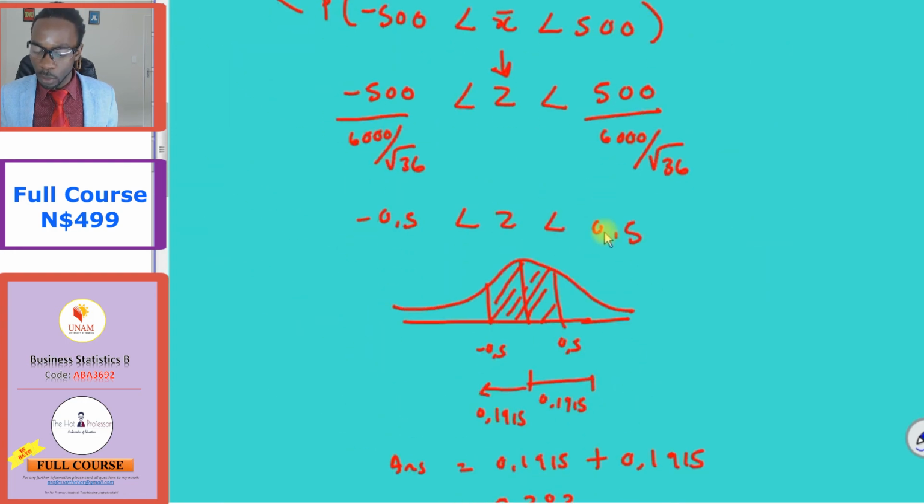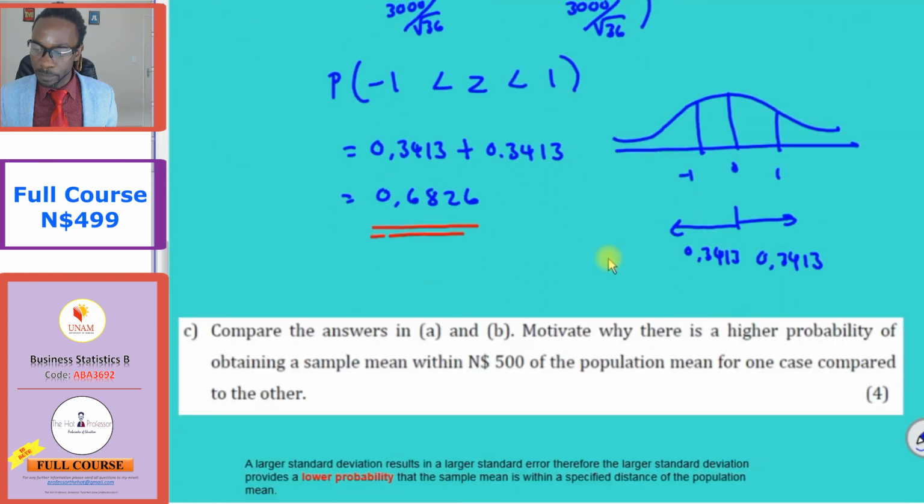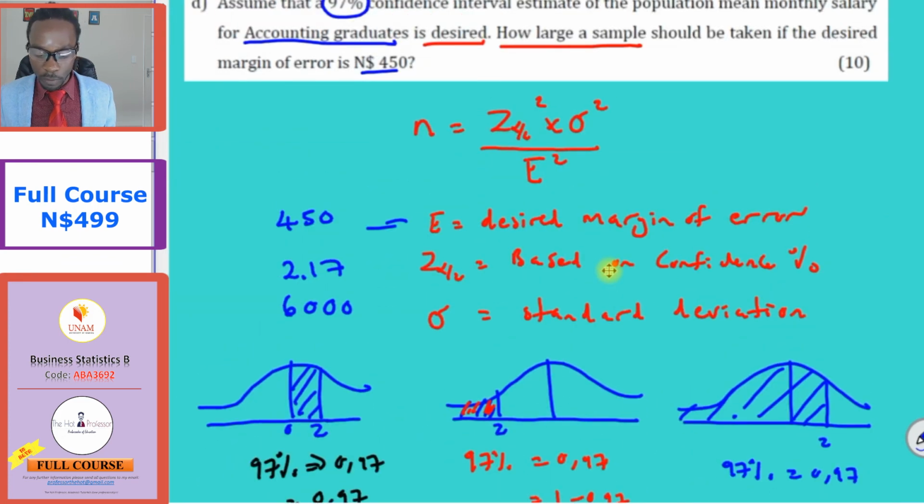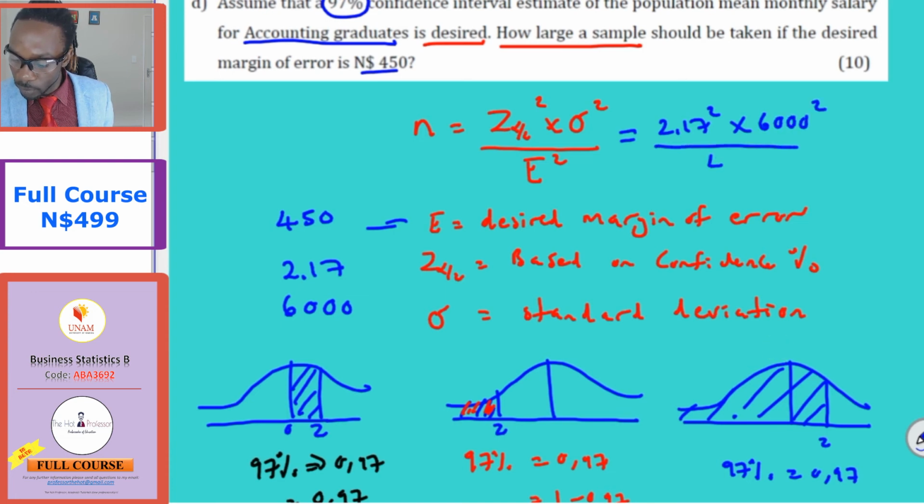So we're sure it's 6,000. So once you have all of those things, you simply put them in the formula. So to get your n, you're going to have 2.17 squared times 6,000 squared divided by 450 squared.